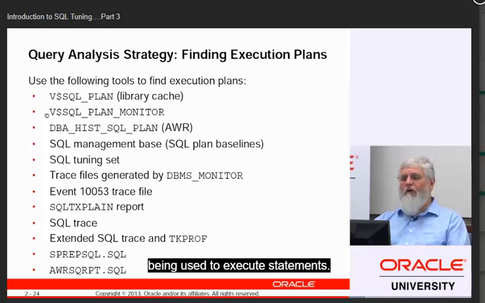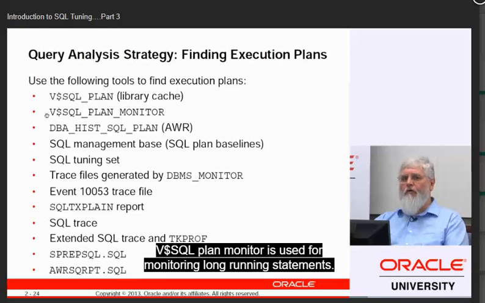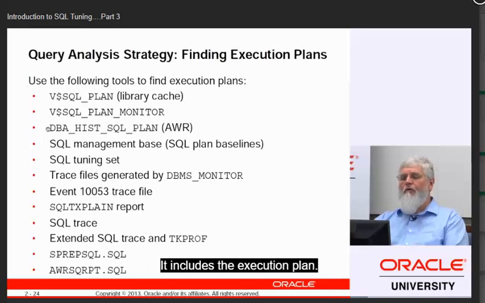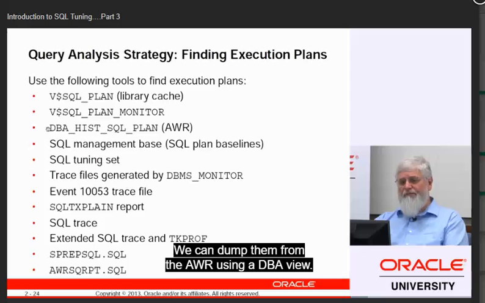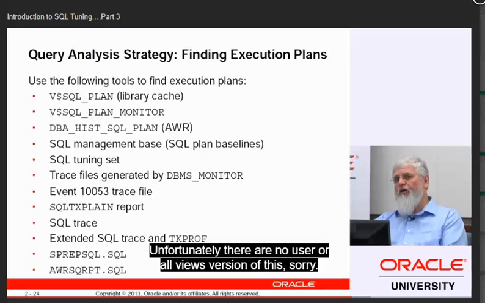We can dump them from the AWR using a DBA view. Unfortunately, there are no USER or ALL versions of this. Sorry. So you may have to have the DBAs provide this information on a production system if you don't have the privilege to access those views.